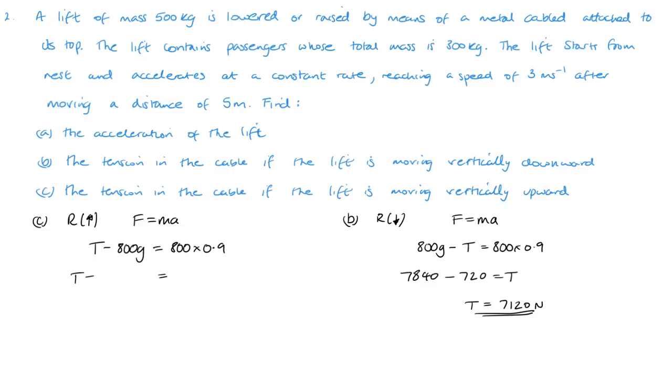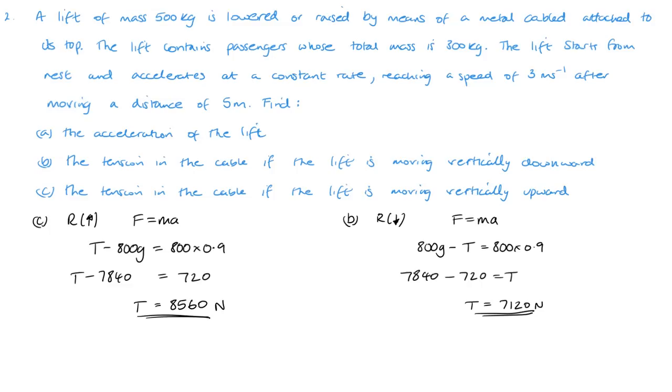So it's T minus 7840 equals 720, so 720 plus 7840. The tension in the rope is 8560 newtons. Which makes sense: there is going to be more tension in the rope for it to accelerate upwards than coming downwards. It makes logical sense when you think it through. And that is the answer to number 2.